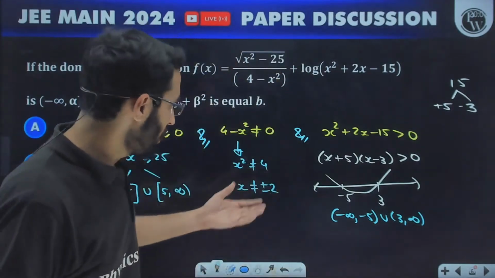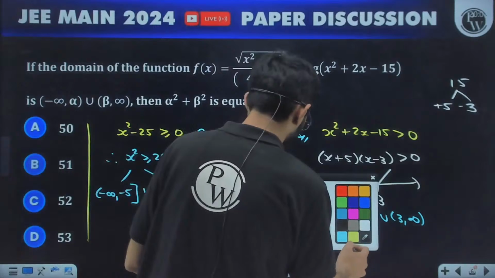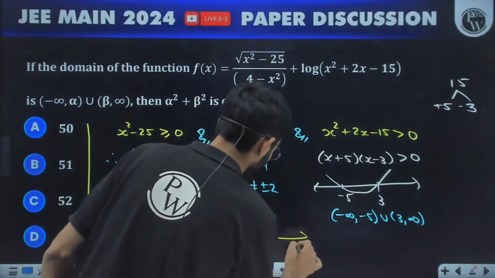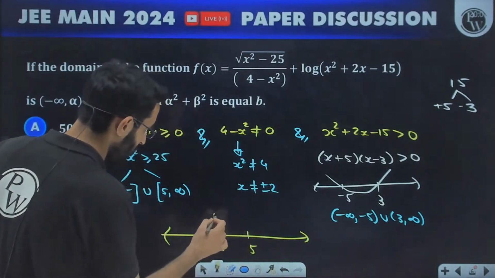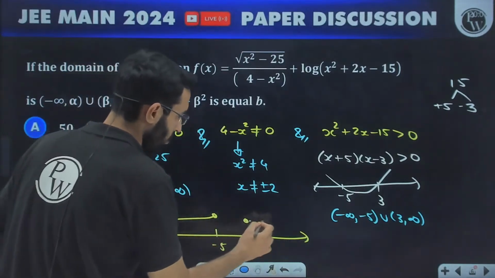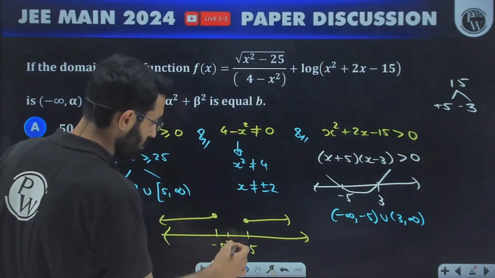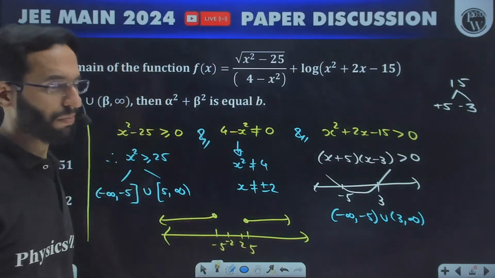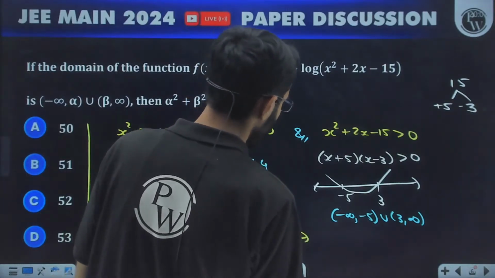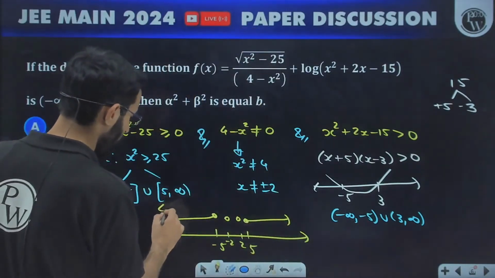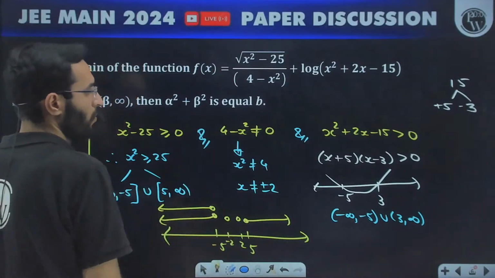Now let us try to take the intersection. If I take one common line, first I have till minus 5 and 5 to infinity, closed interval. Then it should not be minus 2 and plus 2. Now minus infinity to minus 5 open interval, so I need to remove minus 5.